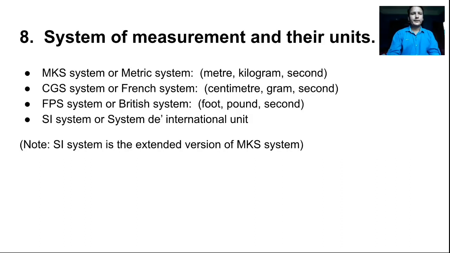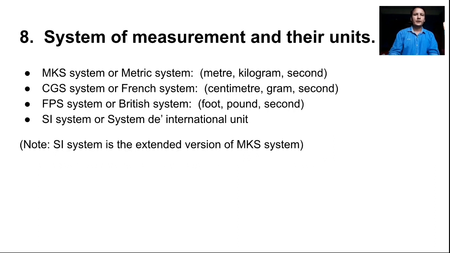Okay, now system of measurement and their units. Systems of measurement are the combination of the fundamental quantities. In different parts of the world, different systems of units are used depending upon their circumstances and people. To make uniformity in measurement, 4 different systems of measurement were developed.